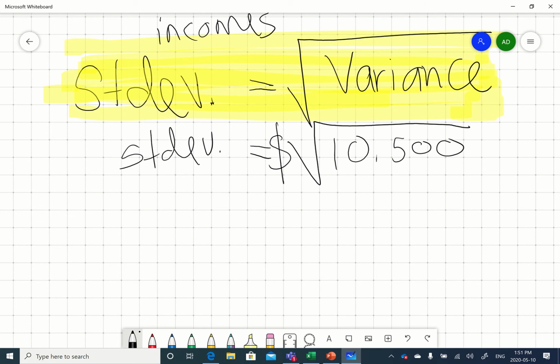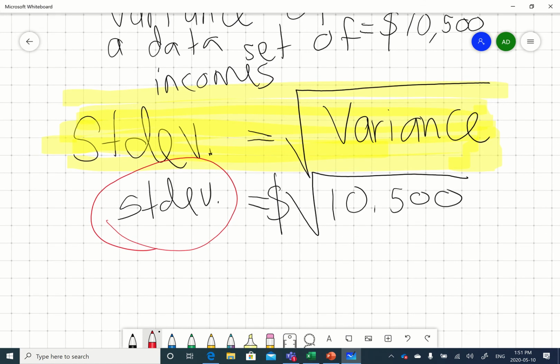Because of that reason, we always use standard deviation for the interpretation part. And you need to know how to get the standard deviation: by calculating the variance and then taking its square root. We're not going to use formulas. I'm going to show you how to get this done in Megastat.